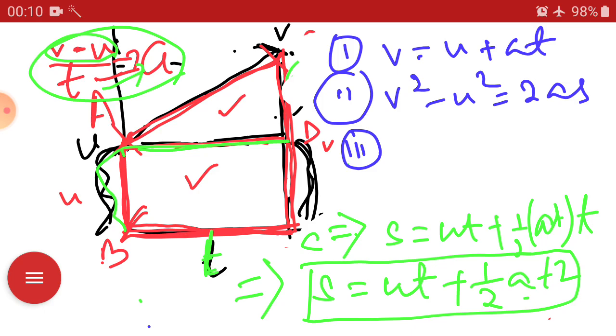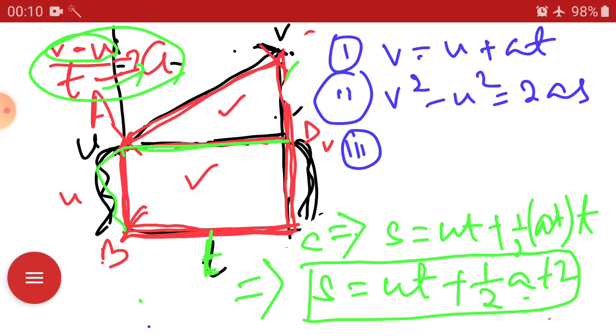This equation we got by taking into consideration that the area under this velocity time graph is the sum of two areas, one right angle triangle and another rectangle. Taking into consideration these two shapes, we found the area individually and added them.